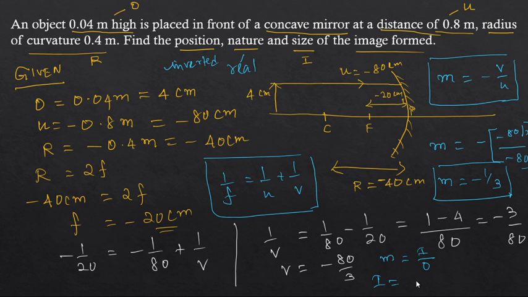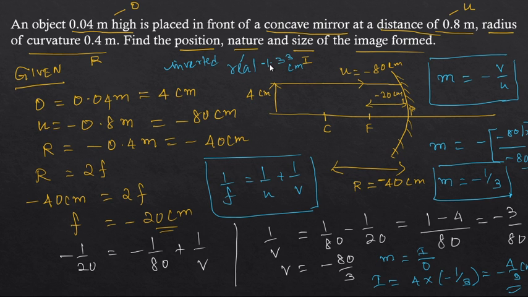What is O? O is 4 centimeter, and the magnification is minus 1 by 3. Therefore, it is minus 4 by 3 centimeter, that is, its size is 1.33 centimeter. So minus 1.33 centimeter. So the image is inverted, the nature is real, and the size is minus 1.33.